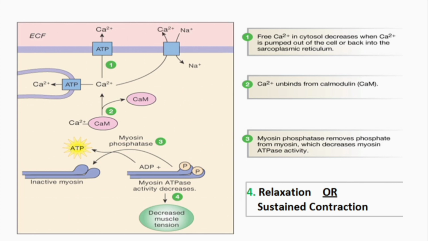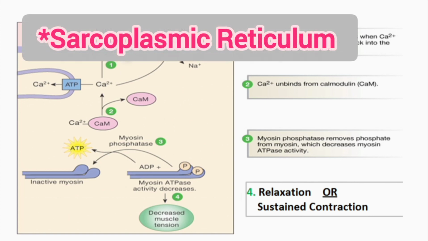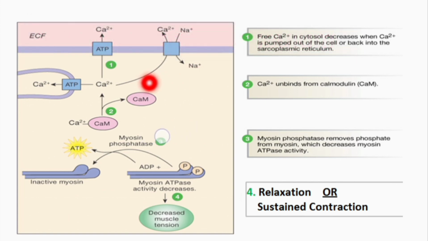So, the calcium is pumped outside or into the reticulum, and as a result the cytosolic or sarcoplasmic calcium is reduced. Once the calcium is reduced, it gets separated from the calmodulin, and now there is decreased activity of myosin light chain kinase enzyme.